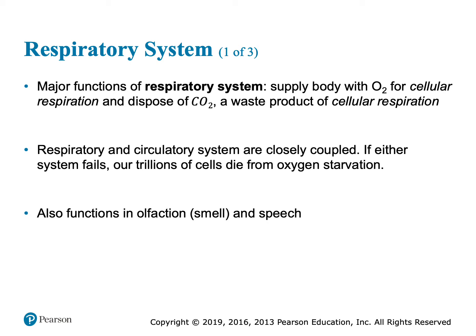You must have glucose, you must have oxygen to make ATP. And then, as you learned in nutrition, 10 million ATP molecules per second per cell. So that just shows you how important the respiratory system is. That's a lot.